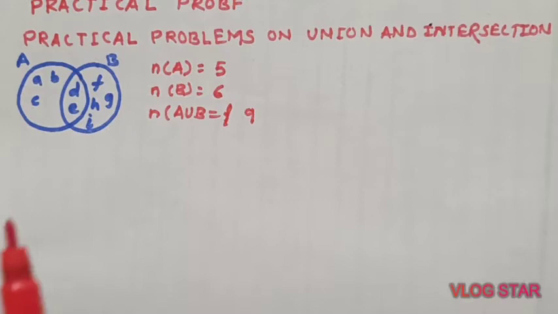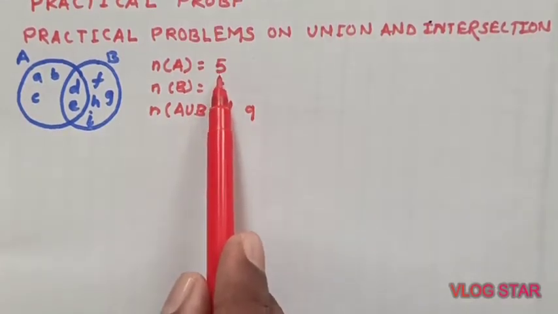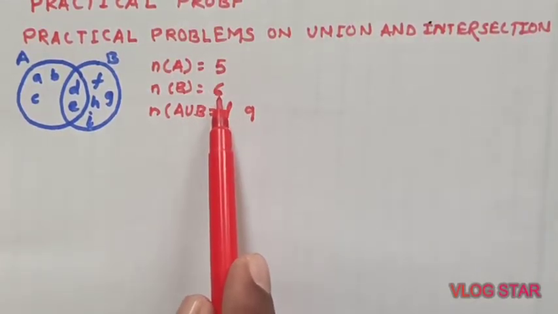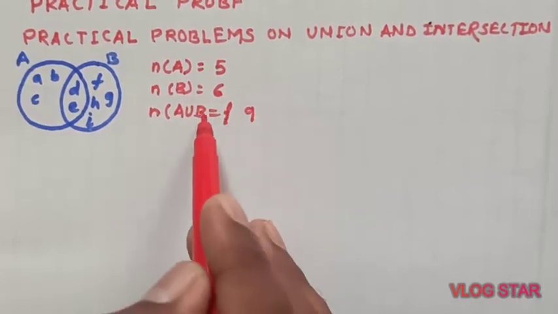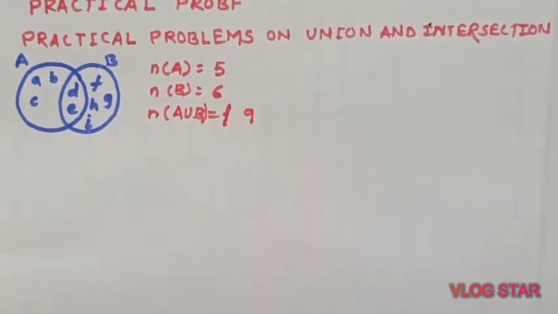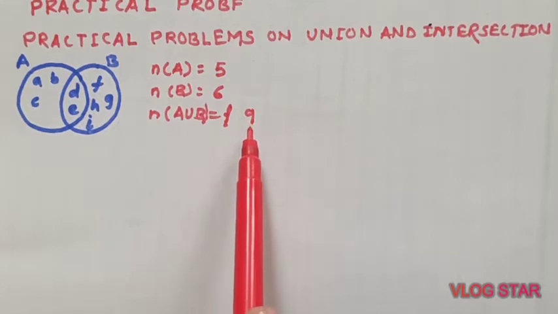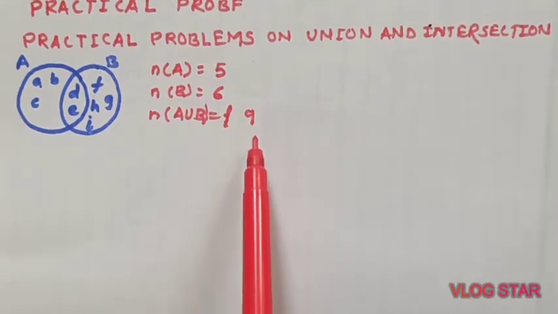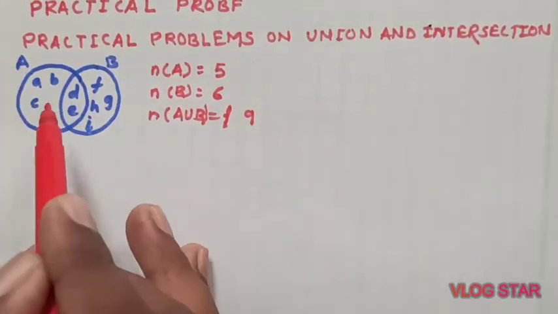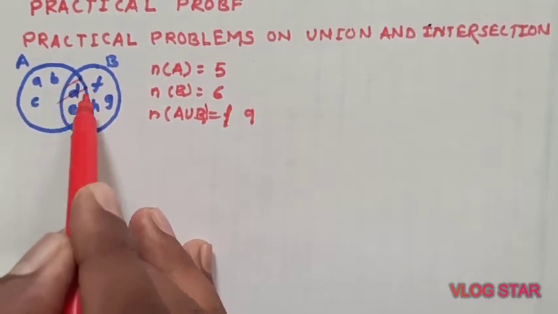Try to understand: A contains 5 elements, B contains 6 elements, but the union contains only 9 elements. 5 plus 6 is 11. So the number of elements together must be 11, but here the number is 9. Where is that 2? The 2 is the common elements.